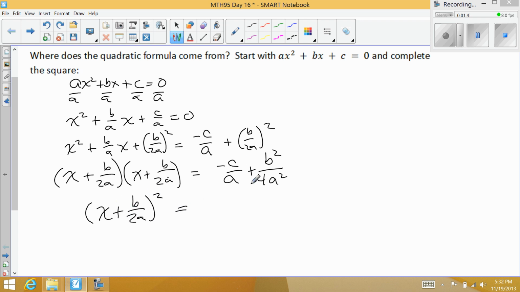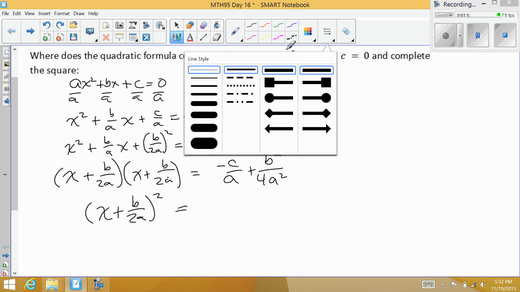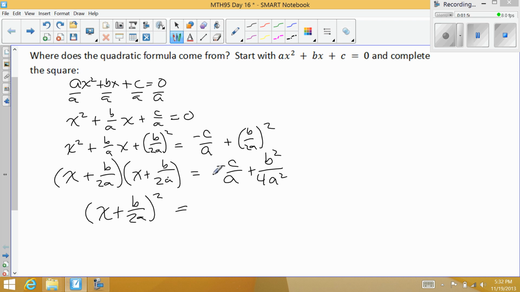And over on this side, we can get a common denominator. So we can take our c in here, and we can multiply this by 4a over 4a. That way I'll get a 4a squared in the denominator. And this will become a negative 4ac over 4a squared plus b squared over 4a squared.